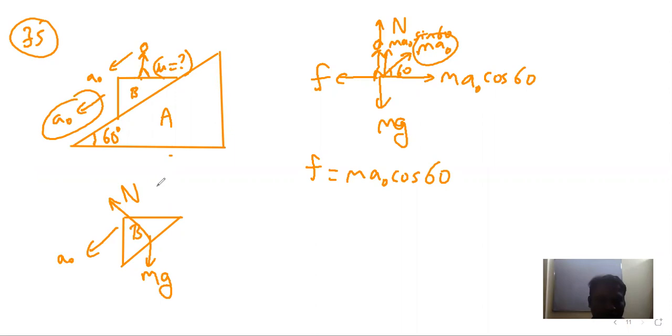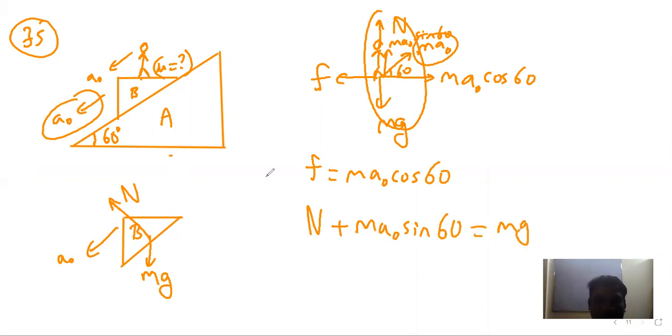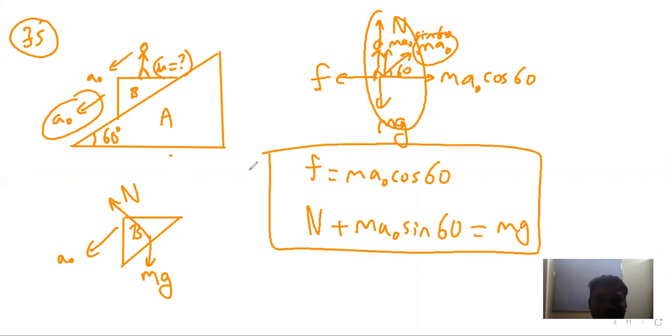Okay. So we have, in that case, what is the value? If I do force balance in vertical direction for the baby, we have N plus M A naught sine of 60 that equals mg. So these are the force balance equations in horizontal and vertical direction for the baby.